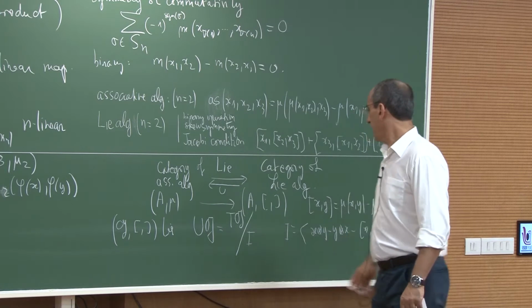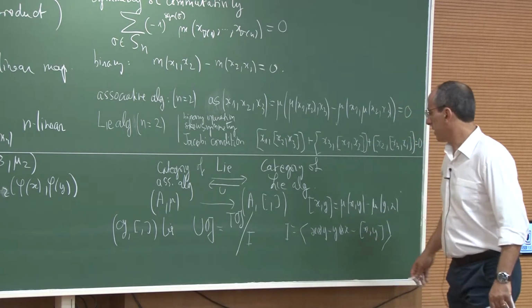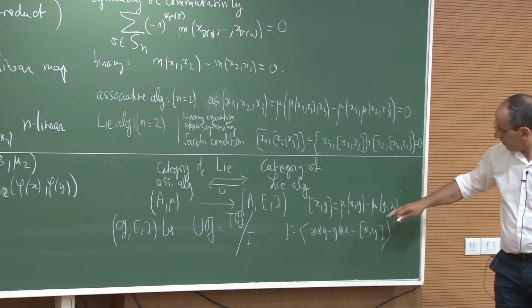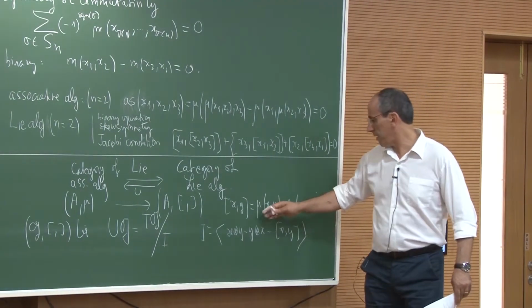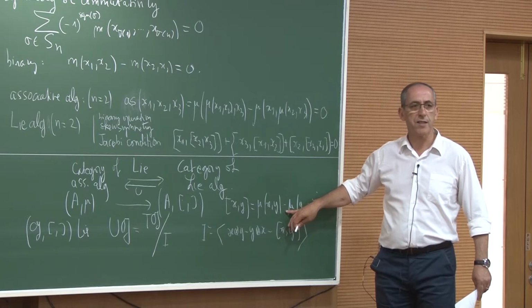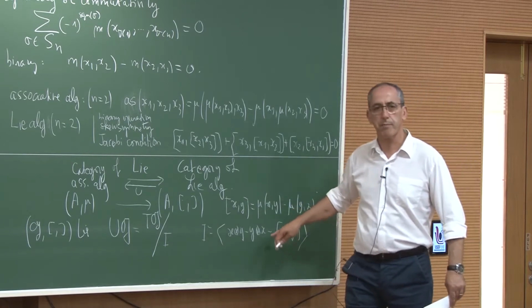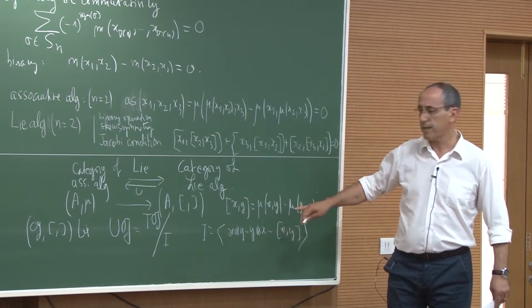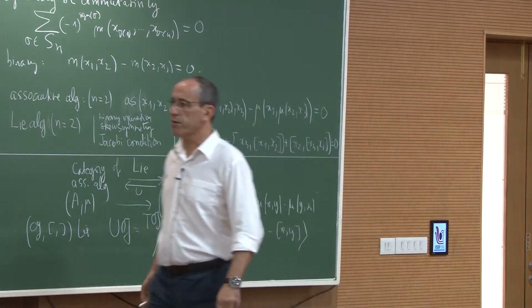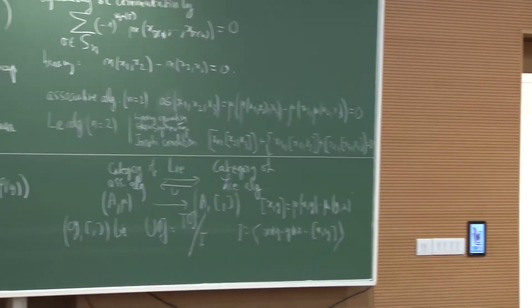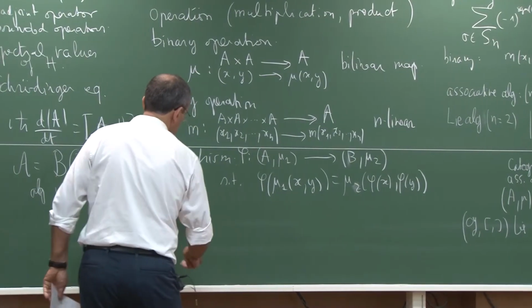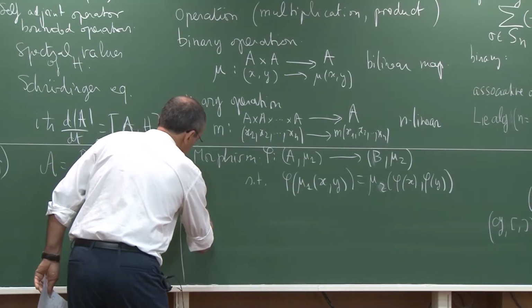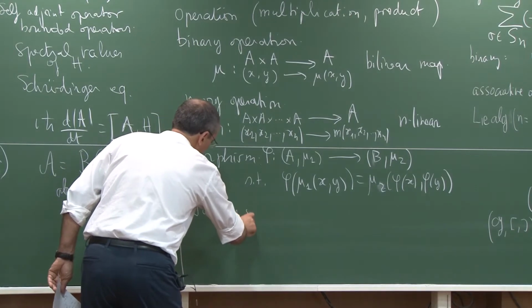Now the question is, what kind of algebra can we get if, instead of taking the commutator like this, we consider the plus algebra? This is also an interesting algebraic structure, called Jordan algebra.